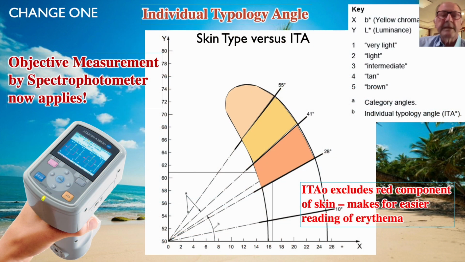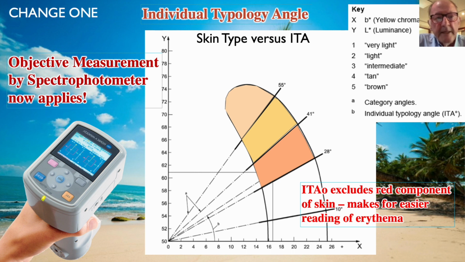So what do we do instead? Well, we have an instrument called a spectrophotometer. It's a handheld device, and it's able to measure skin colour. Most of you would be familiar with how that works on a computer with RGB screens, etc. But in this case, we use a scale which is called LAB, and it allows us to very conveniently measure the colour of the skin. For the purposes of determining the skin types for testing, we eliminate the measurement of the red signal from the skin.